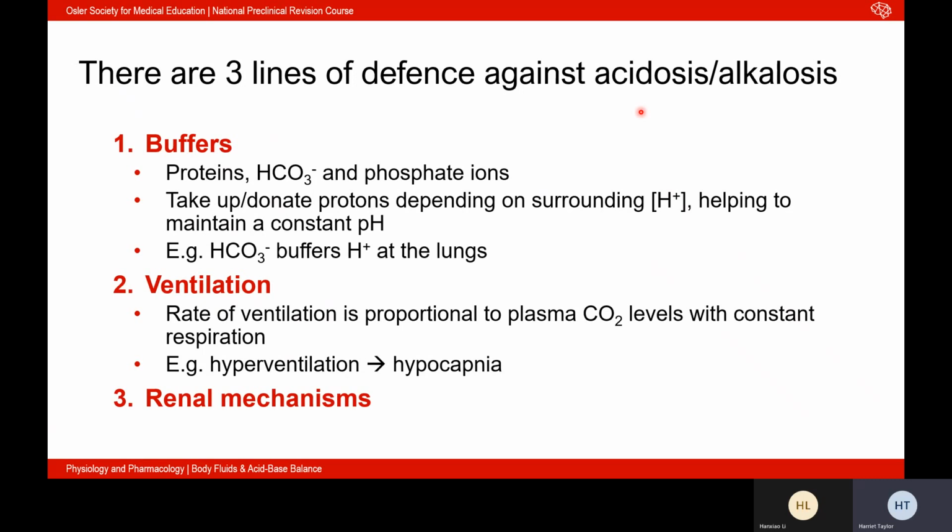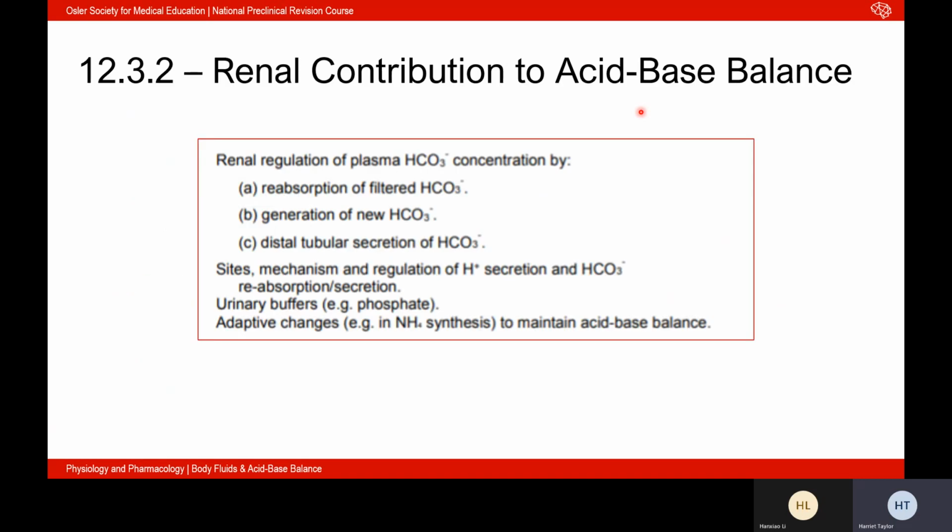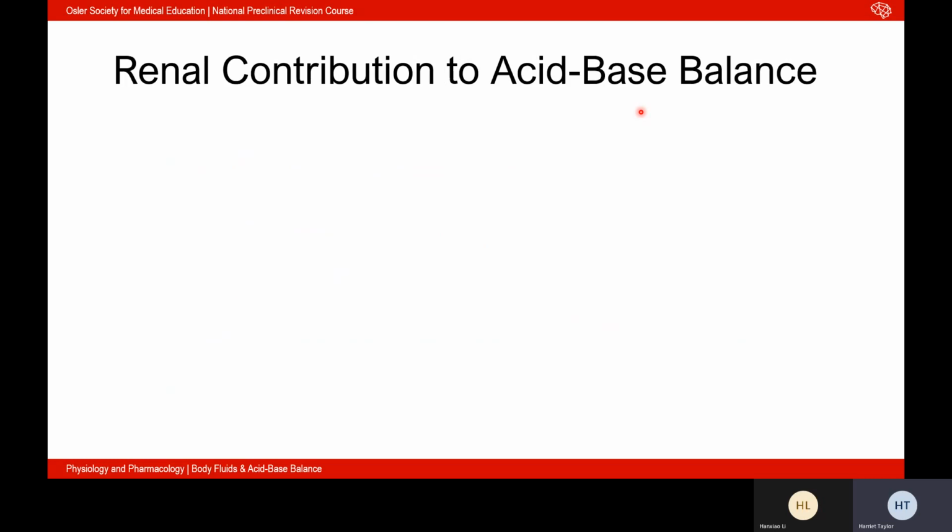So then our last mechanism, the most important one, is our renal mechanisms. So let's talk a bit about that in more detail. So there are three methods which we will talk about. So here we've got the renal mechanisms which remove our non-volatile acids.